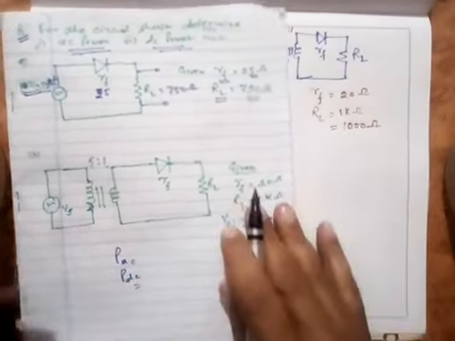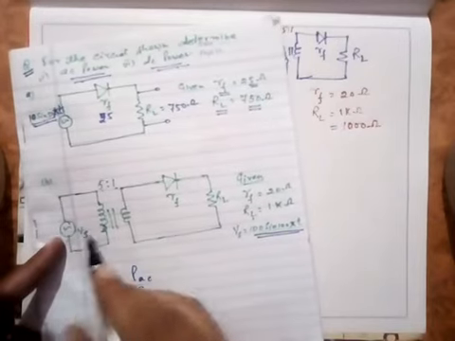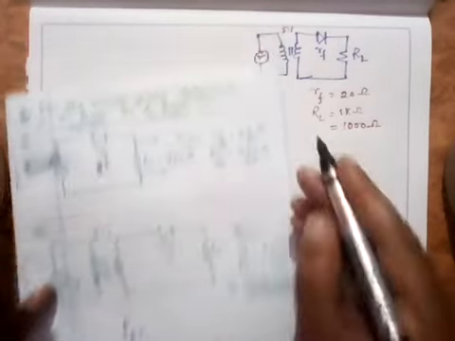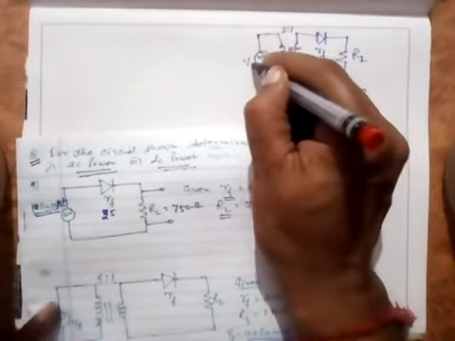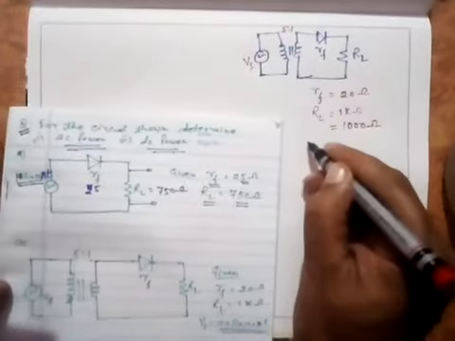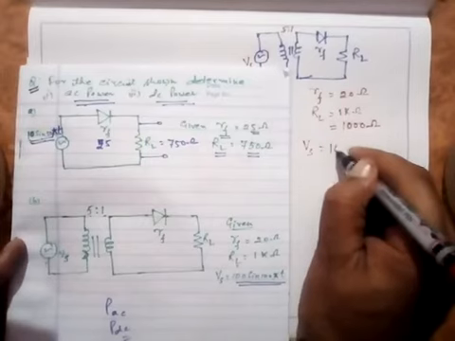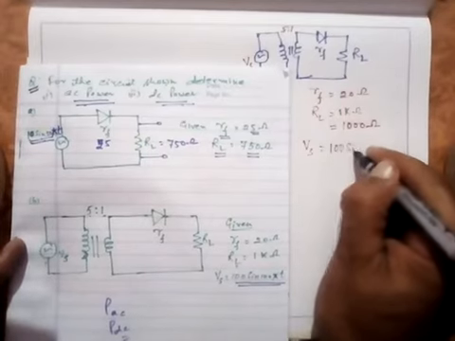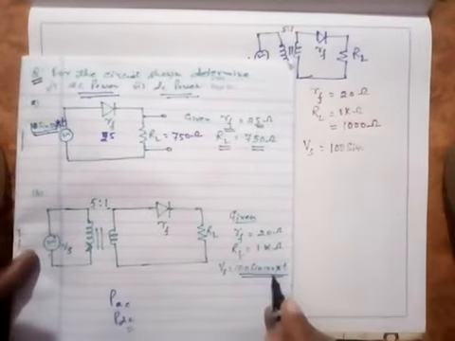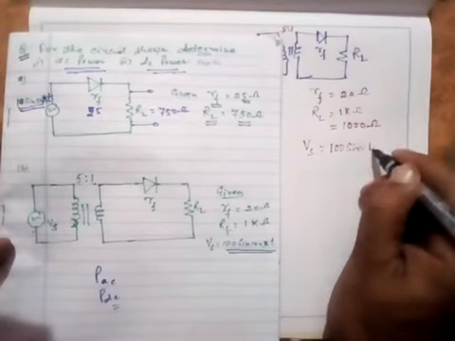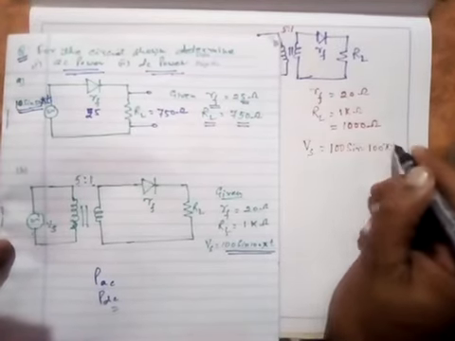And Vs, what is Vs? It is the supply voltage or the primary voltage. What is given to you? That Vs is equal to 100 sine 100 pi t.